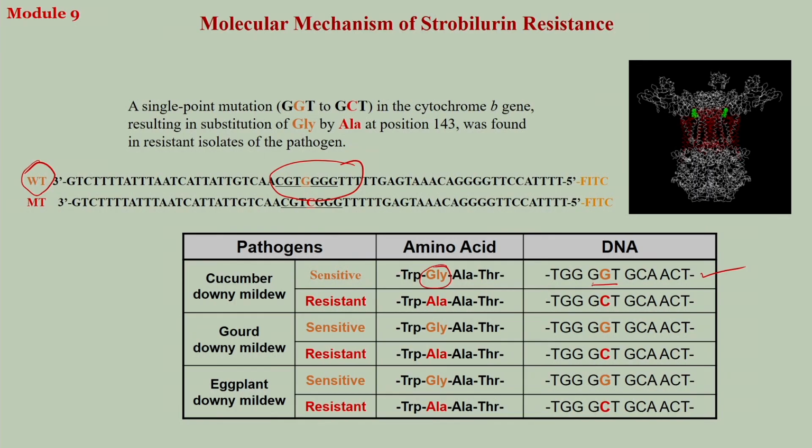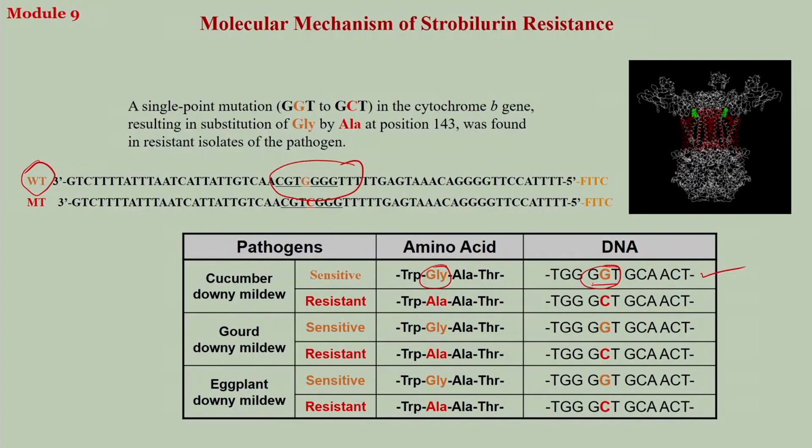This codon of the wild type DNA codes for the amino acid glycine, and so this active site is tryptophan, glycine, alanine, threonine, and that constitutes the three-dimensional structure of the protein. It makes the cavity or the active site of the protein, where that strobilurin molecule comes and docks into it perfectly, and that is how the pathogen gets killed.